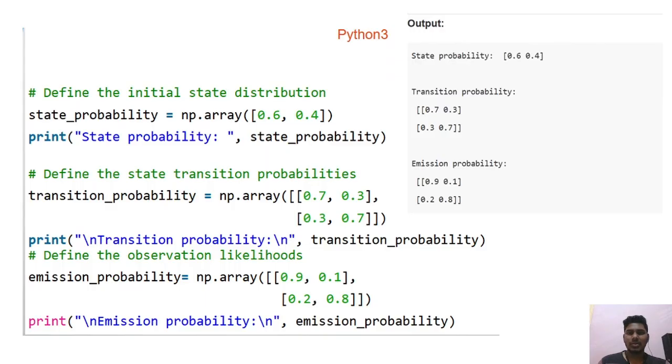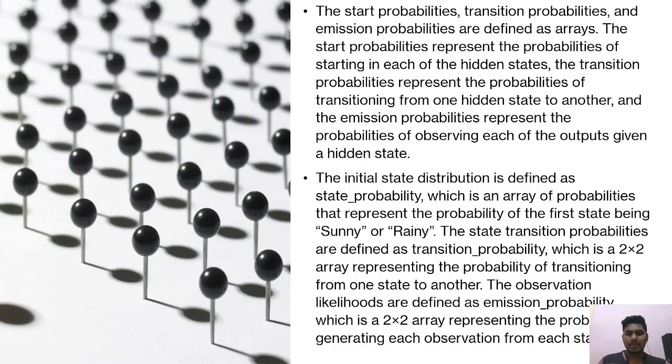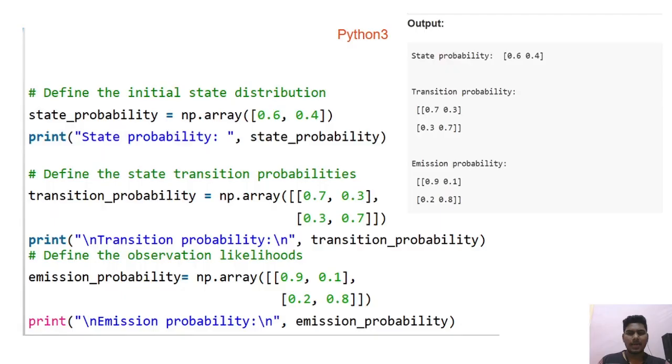So we'll be going through the implementation of the code. At first we'll be defining and initializing the state distribution. The state probability is defined and we are initializing it by np.array in the format of array 0.6 and 0.4, and we are printing the state probability.